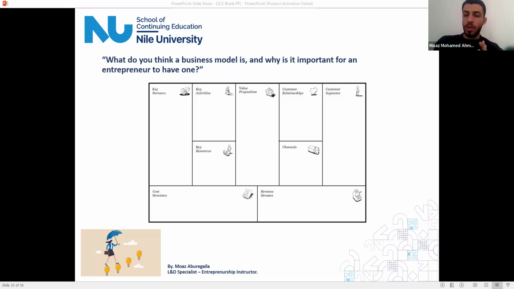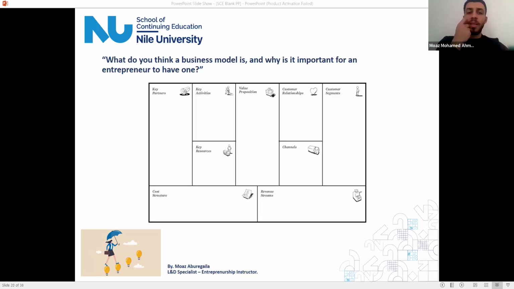So it's like a clear picture of how a business operates, and it consists of 9 key components as shown on the slide: the customer segments, then the value propositions, then channels, customer relationships, revenue streams, key resources, key activities, key partnerships, and cost structure.